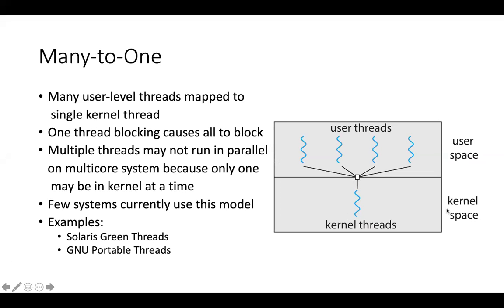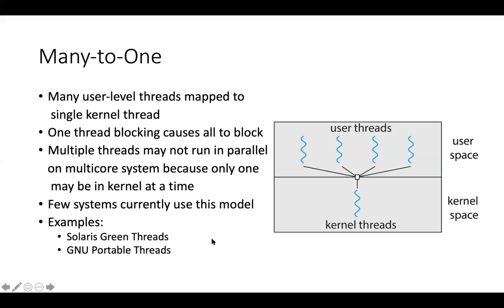Remember, this is a user space, this is a kernel space. And so multiple threads may not run in parallel on multi-core systems, because only one may be in the kernel at a time. All of them will come here, but it's more or less one at a time that will be processed, then brought out, and so on.